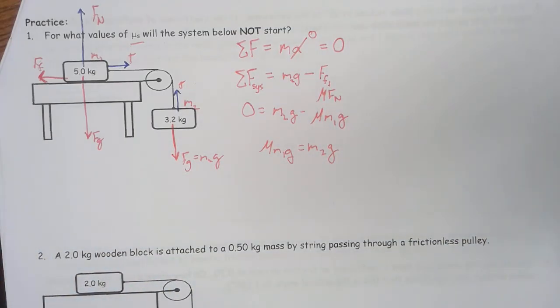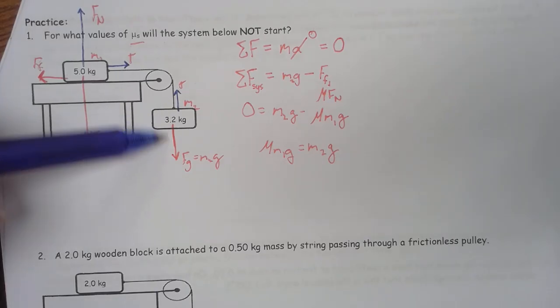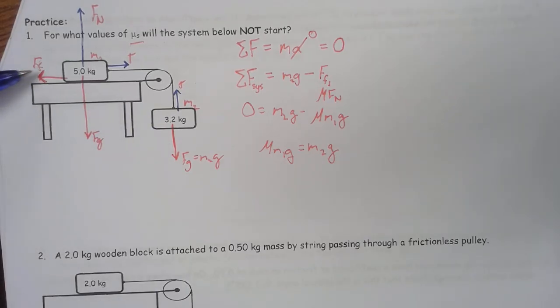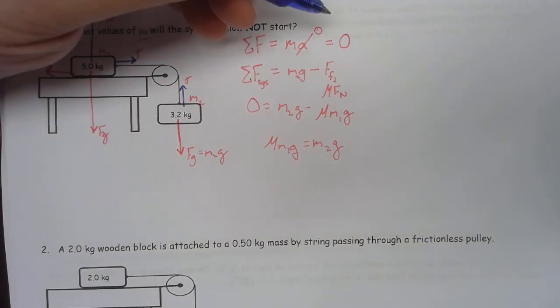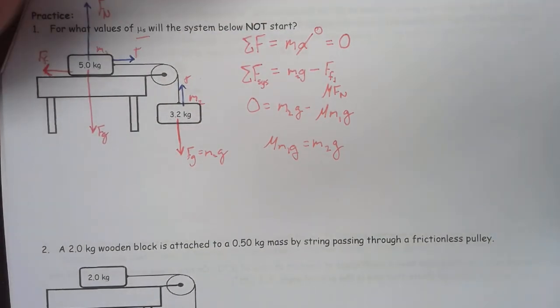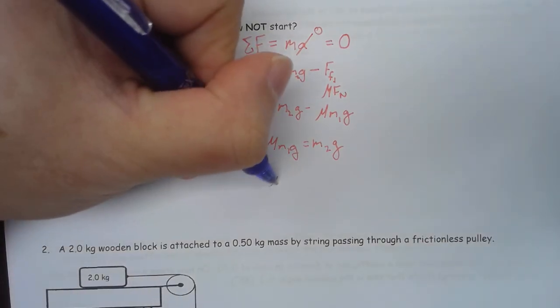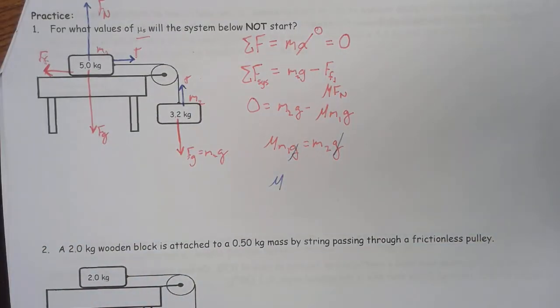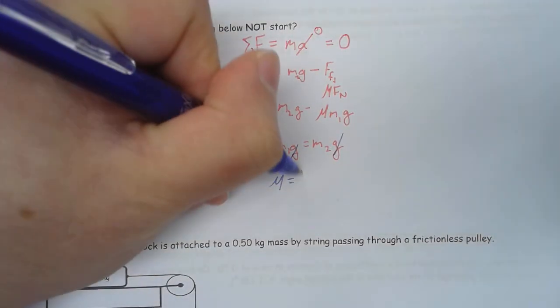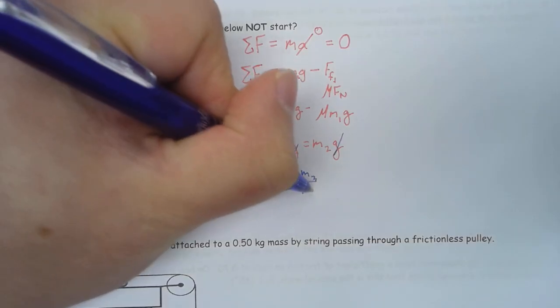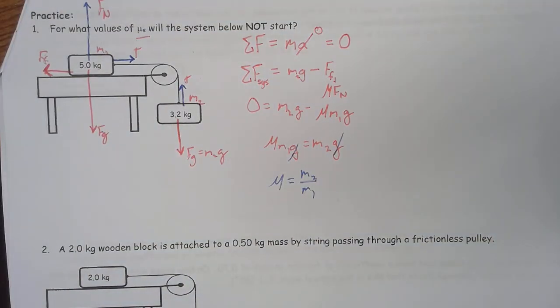Does that make sense logically? Is all of our pulling down of this box balanced out by the friction over here to keep it from moving? Yes, no? Yes. Okay. Wait, this is super easy now. Mu equals what? M2 over M1. Good. Is that it? Do we have M2 and M1?